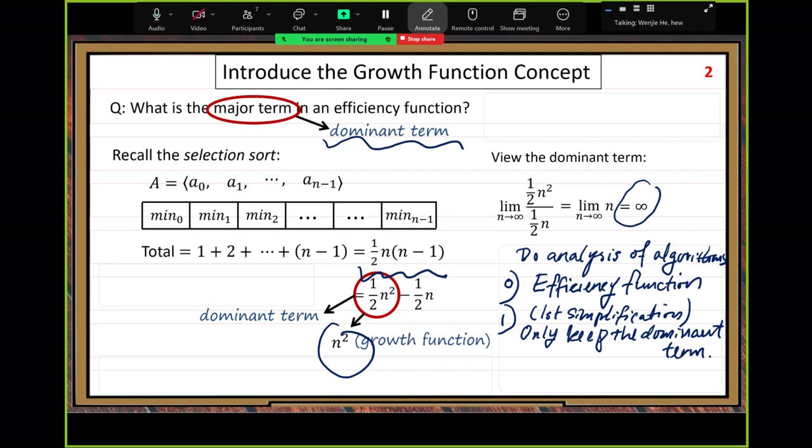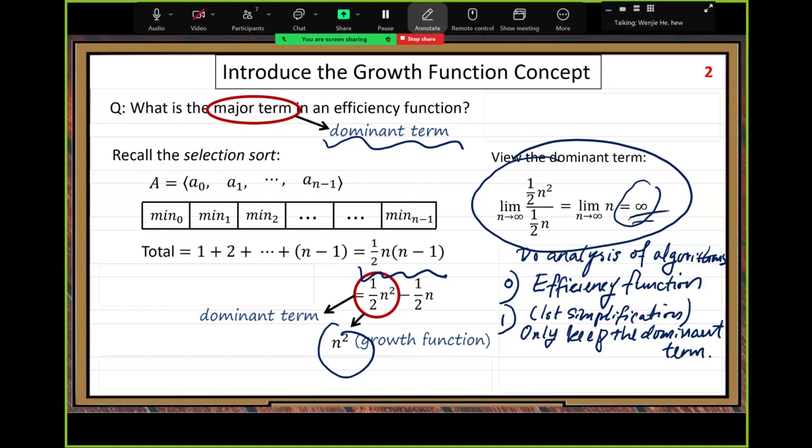What do we mean by dominant term? Look at this formula. If you take the ratio of the dominant term over any other term, just pick any one, and calculate the limit of that ratio when n goes to infinity, it's infinity.